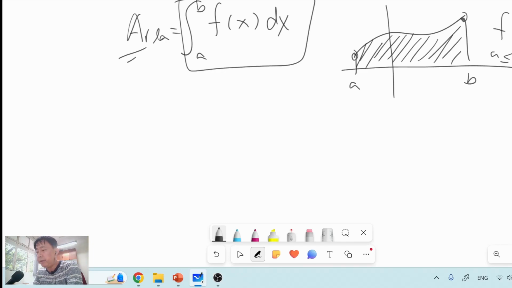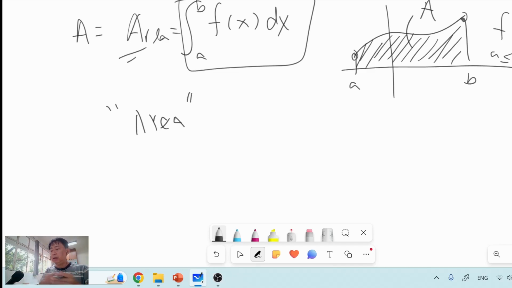Here, the area, represented by the symbol A, is a positive number because area must be positive, right? When I talk about area, it is understood to be expressed in the unit of square of the length unit, say 5 cm square, 10 cm square.